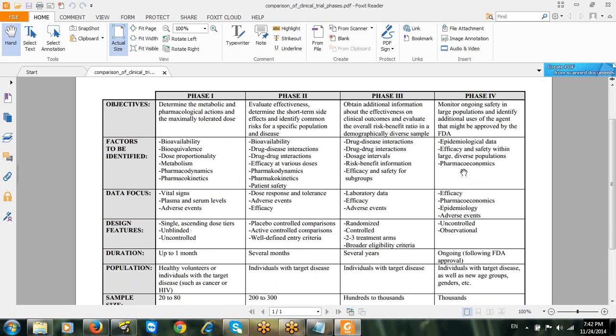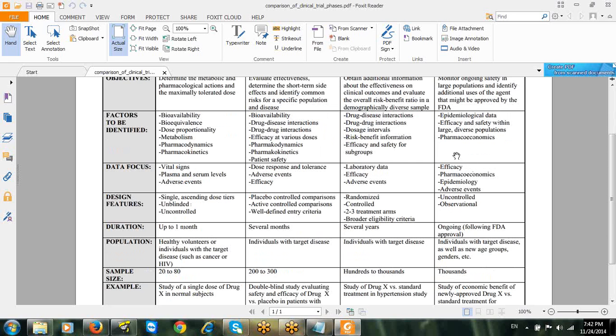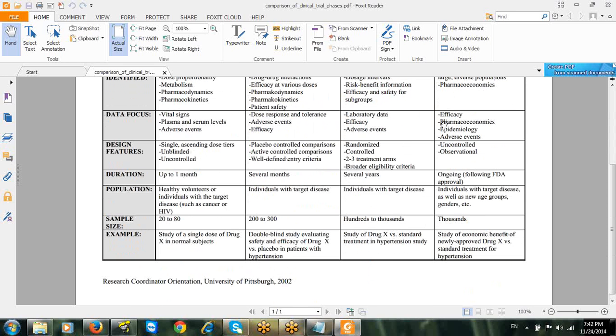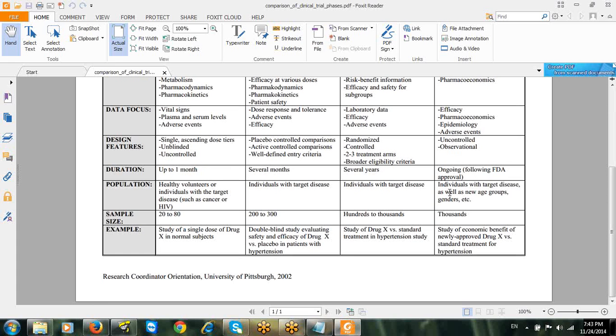Okay, ongoing studies. Factors that they will look for are epidemiological data, efficacy and safety within large and diverse populations, pharmacoeconomics. Data focus: efficacy, pharmacoeconomics, epidemiology, adverse events. Design: uncontrolled but observational, ongoing, individuals with target diseases as well as new age groups, genders, etc. Okay, sample size is 1000.